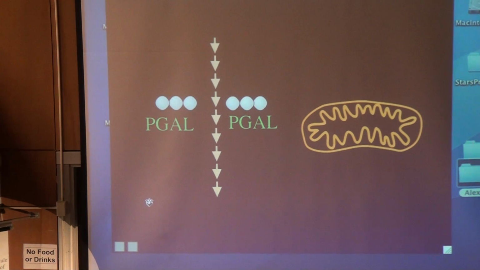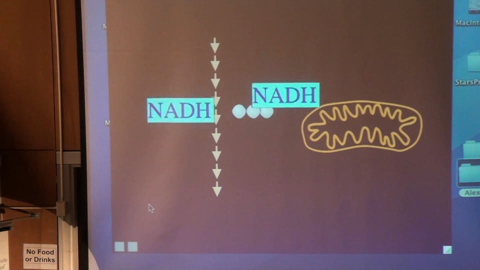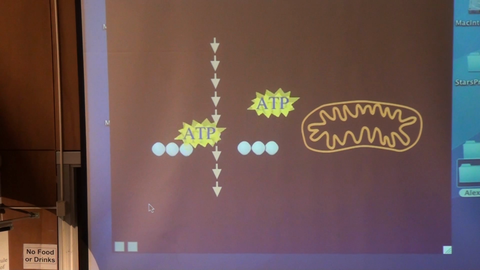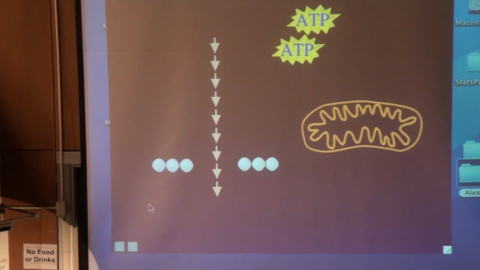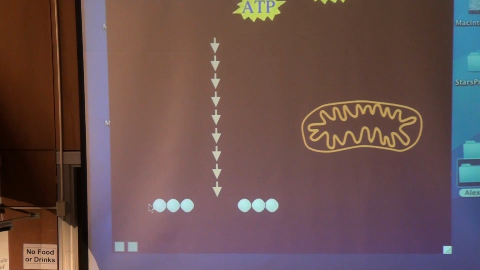All right, in the second half, where the pGals become the pyruvates, now the cell starts getting a payoff for its investment of 2 ATPs. It gets, first of all, some high energy electron carrying molecules, these NADHs. Each one of those is carrying 2 high energy electrons. And it also gets 4 ATPs as we go from the 2 pGals to the 2 pyruvates.